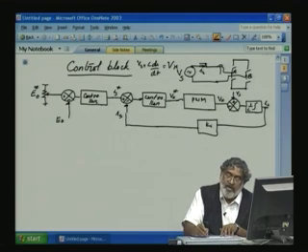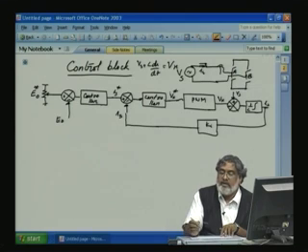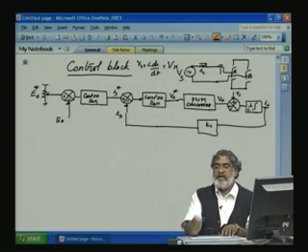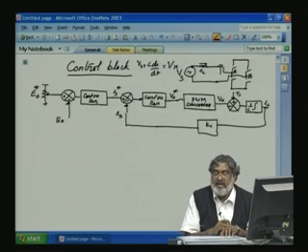This controller should make Is star and Is match, and give the correct Vr reference, that is the modulating wave for the sine triangle PWM. If the correct waveform is given, the PWM converter will give the correct Vr here.